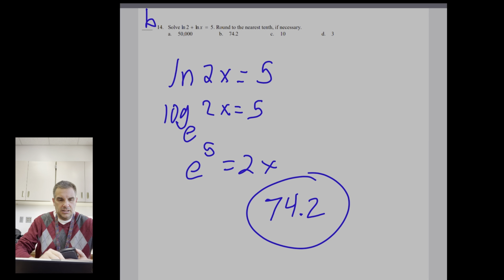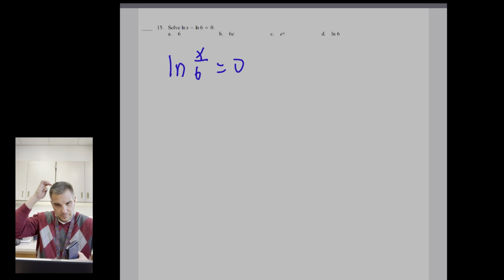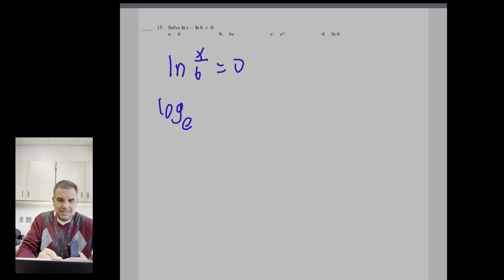Number 15. Solve that. Kind of the same basic thing, but we're subtracting this time. So it's going to be ln of x over 6 equals 0. That's log base e of x over 6 equals 0.